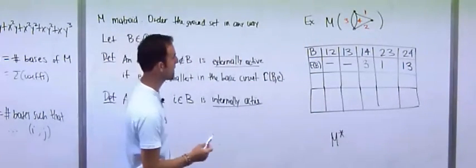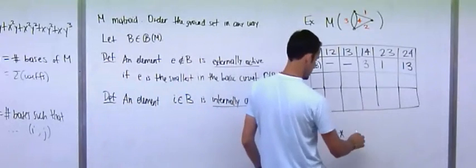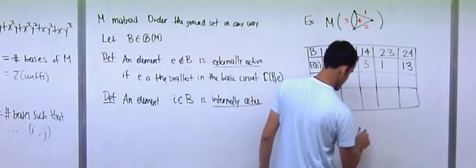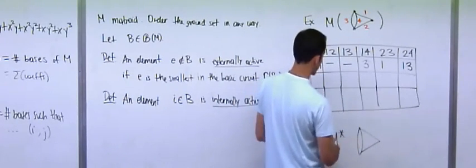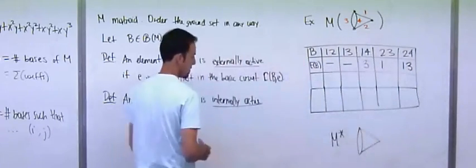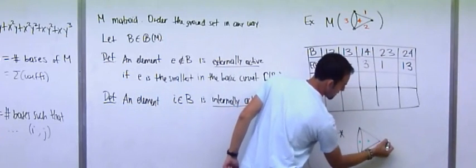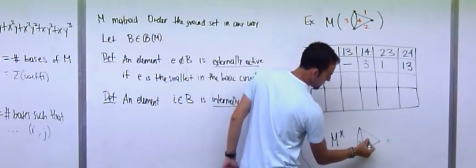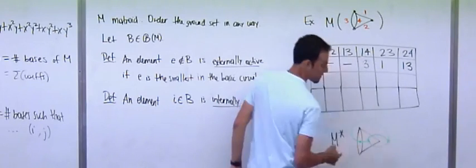What does the dual graph look like here? The dual graph looks like this. You get a vertex here, a vertex here, a vertex here, and they get joined like this, like this, and like this.